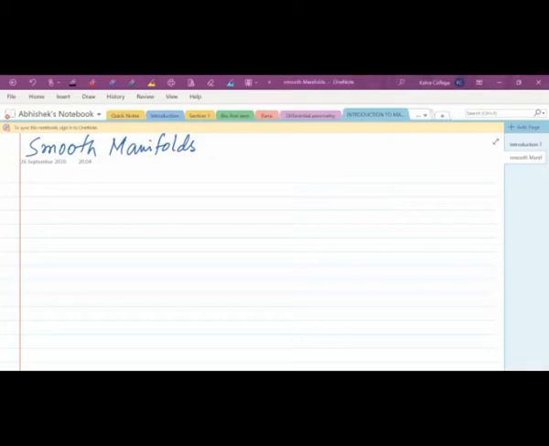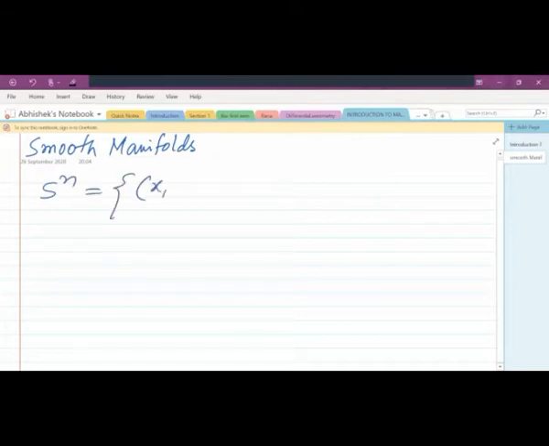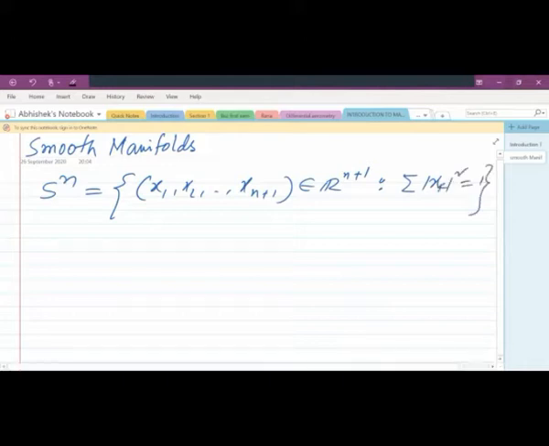So in the last lecture, we finished with the example of Sn, the set of all (x1, ..., xn+1) belonging to Rn+1 such that the summation of the squares is 1.